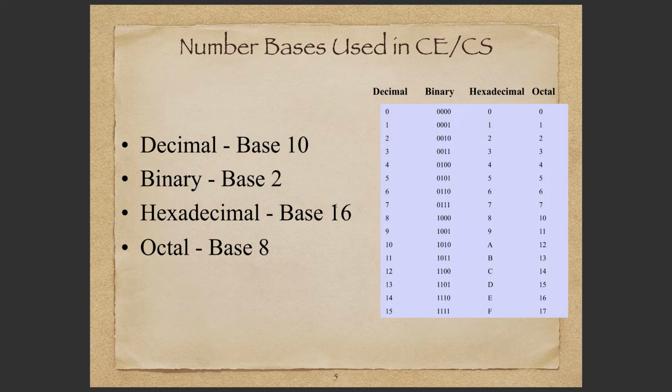And we look to the right, we can see the first 16 decimal values, 0 to 15. You can see their binary representation. They represent the hexadecimal values from 0 to F. So the first thing to remember always is that each hexadecimal digit represents 4 binary digits. And then each octal digit is represented by 3 binary digits.